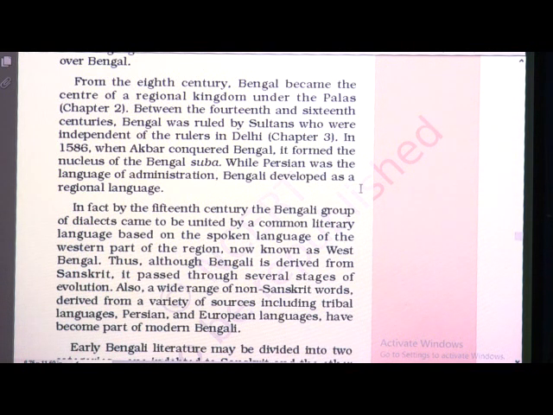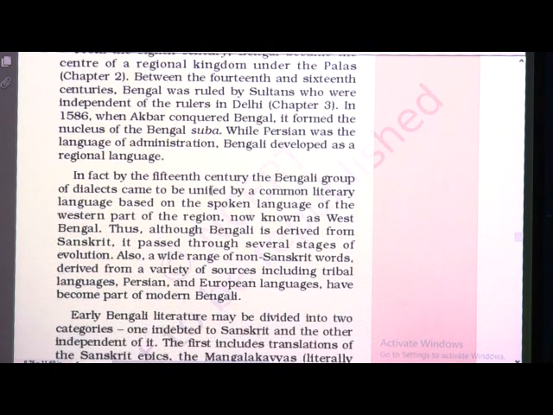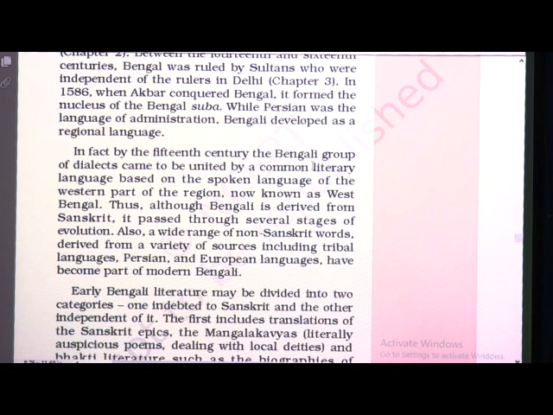Now Bengali developed as a regional language. In fact, by the 15th century, the Bengali group of dialects came to be united by a common literary language based on the spoken language of the western part of the region, now known as West Bengal. Thus, although Bengali is derived from Sanskrit, it passed through several stages of evolution.